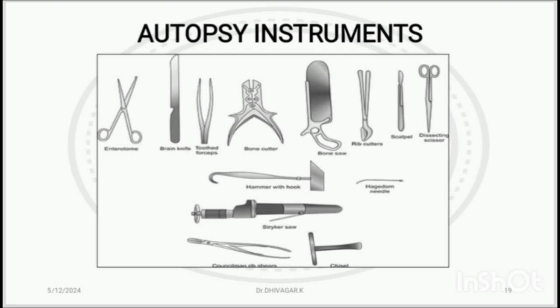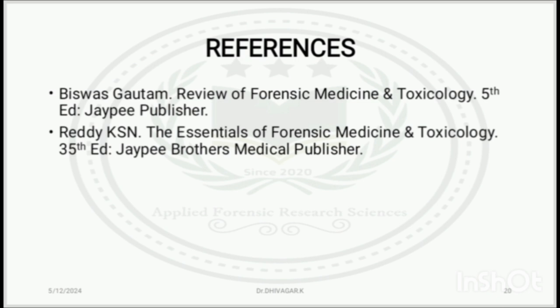The scalpel will be used for the primary skin incision and other incisions, and dissecting scissors will be used for dissecting the organs. Most importantly, we open the skull cavity with a chisel and hammer. So these are the common autopsy instruments which are helpful in postmortem examination, and these are my references.